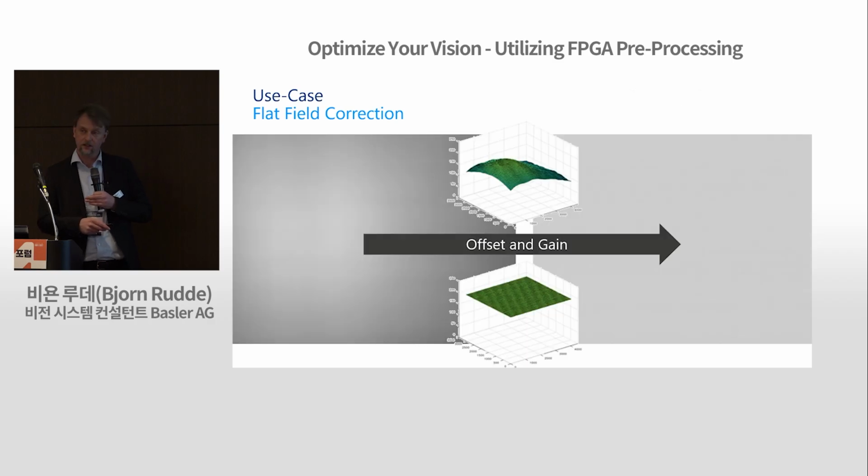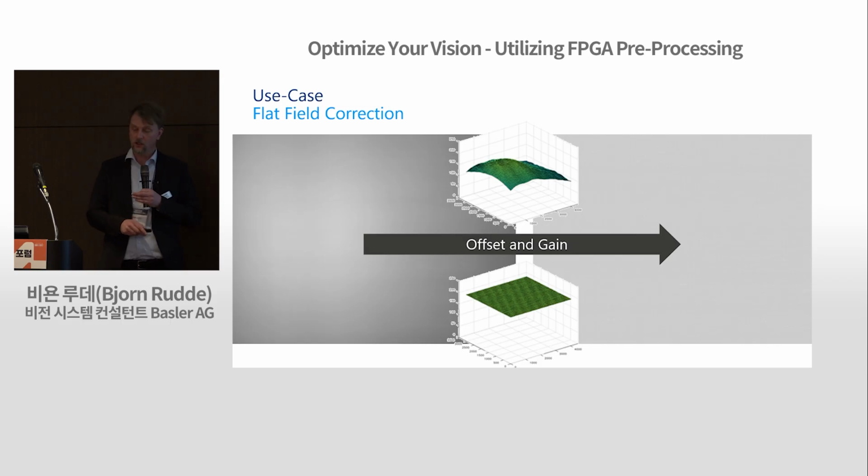And of course, it's reducing the CPU load in this case. So when you want to use the flat field correction to go from an inhomogeneous lighting, so the corners are darker, to a very homogeneous representation of your image, you can utilize the FPGA of the frame grabber.